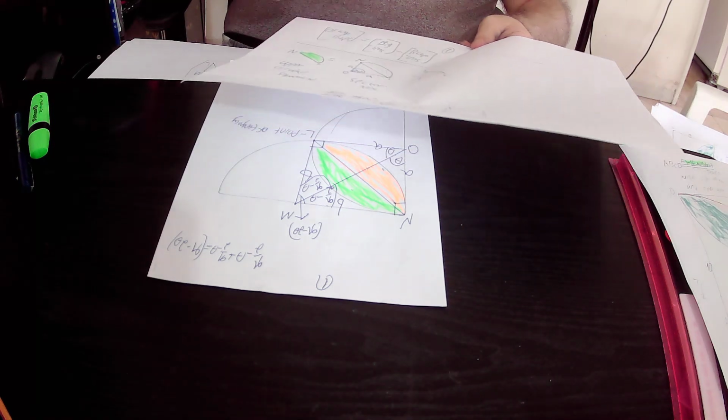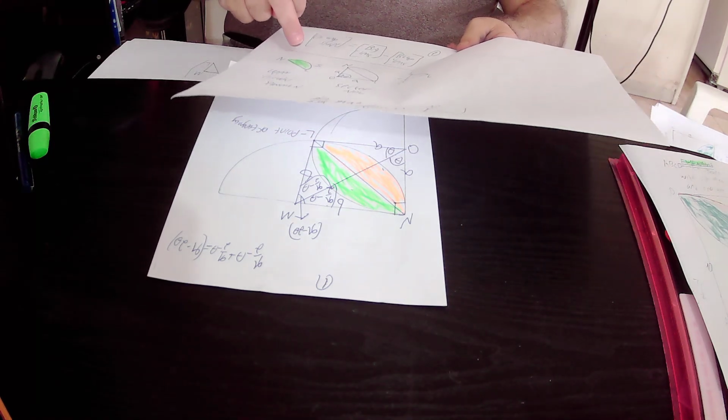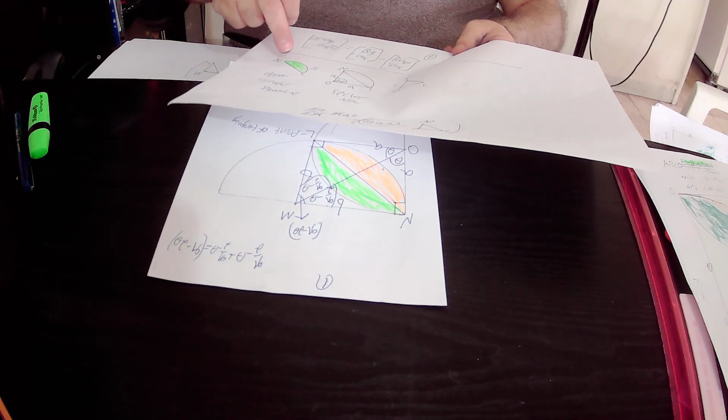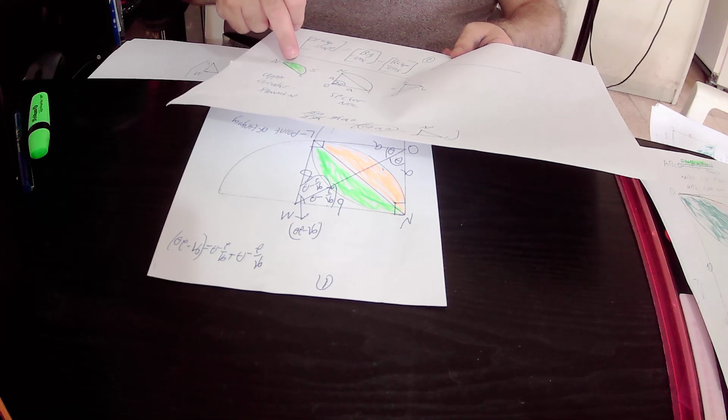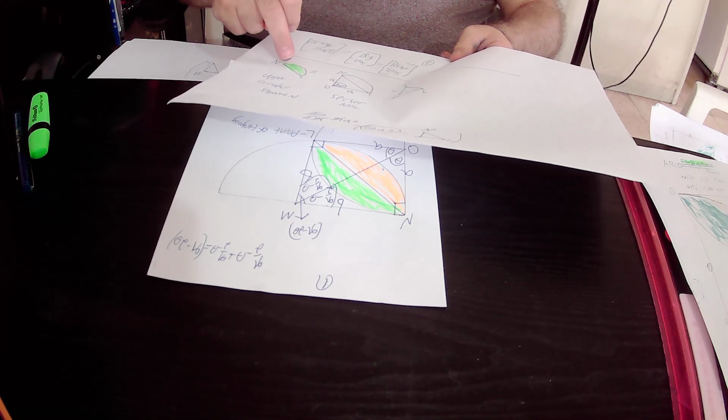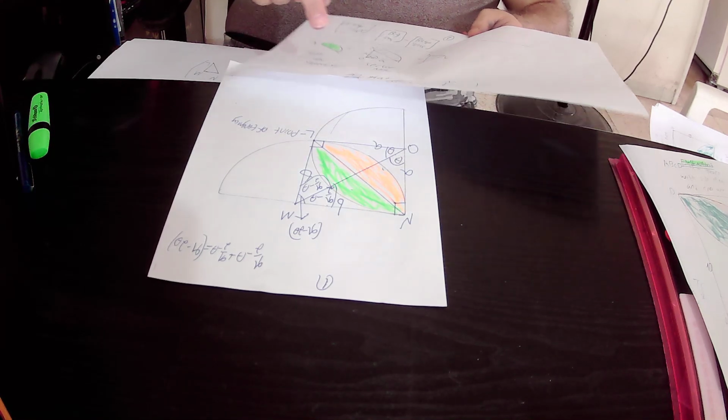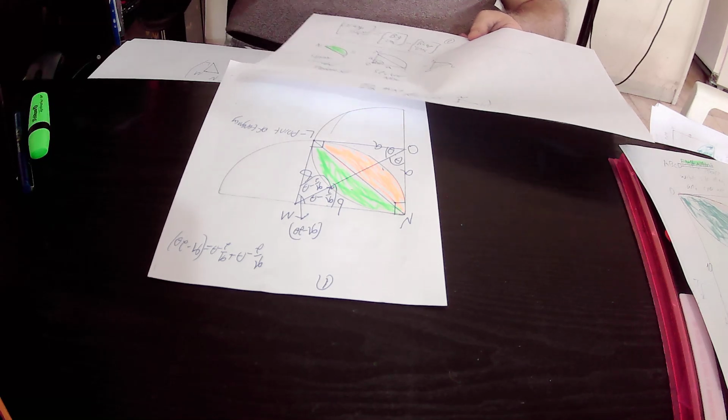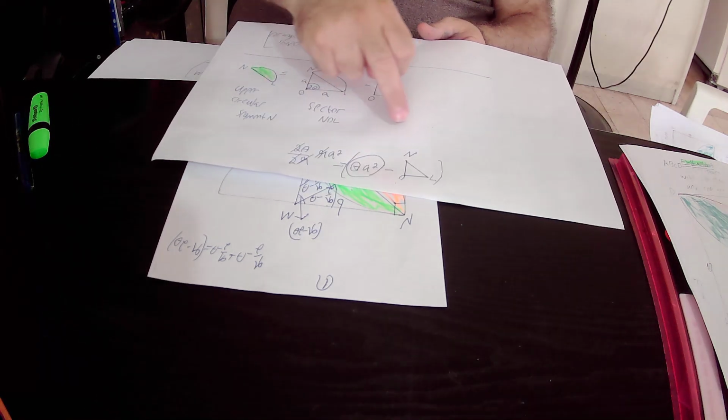So, in conclusion, the area of the upper circular segment of this lens equals theta a squared minus the area of triangle NOL.